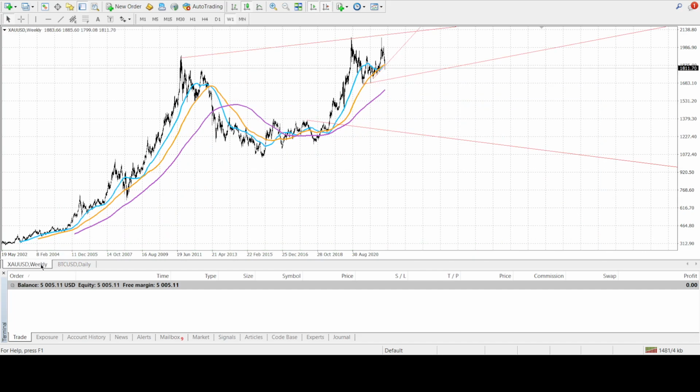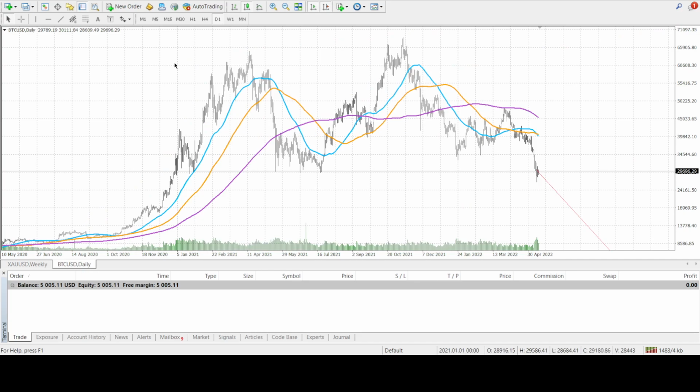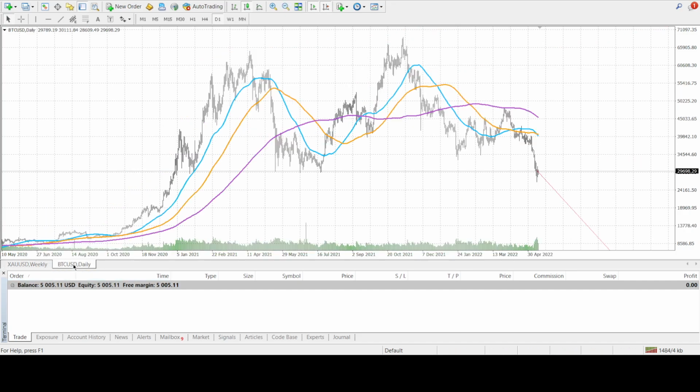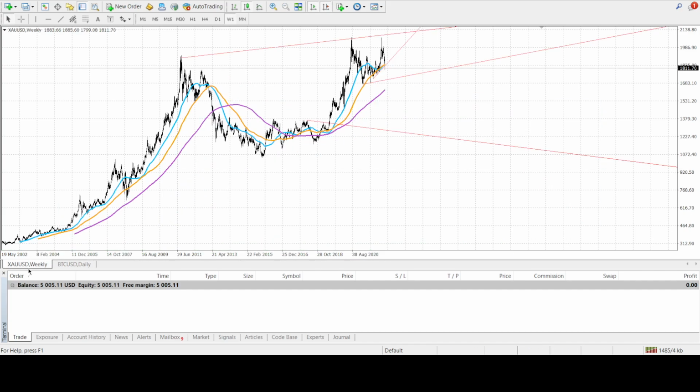Gold has diverged from it lately due to the hyperprinting of the dollar, but prior to that, you could actually use gold on the weekly chart to determine what Bitcoin was likely to do on the daily chart, because it was the same. See, it's the same patterns. You've got your spike up here, drop down, then it continues running. Bitcoin, you got your spike up here, drops down, then continues running. You see that?